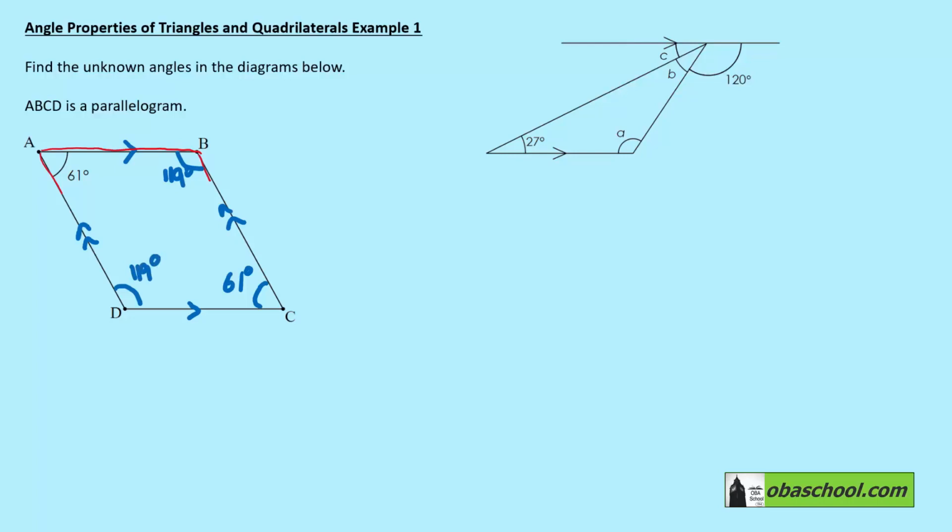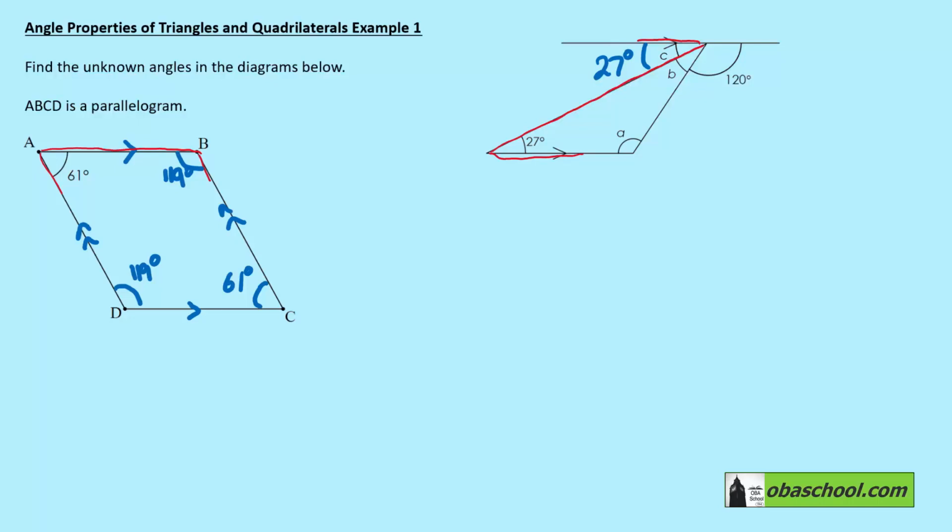119. So moving over to this diagram, we can see in this diagram that I've got a Z shape there with the parallel lines, which tells me that this angle here, angle C, is 27 degrees. That's the alternate angles.